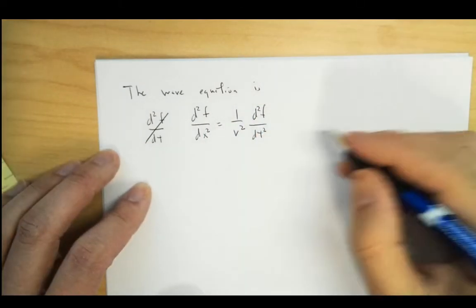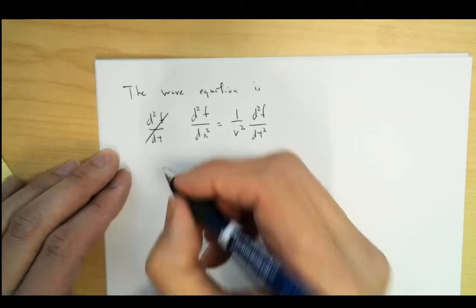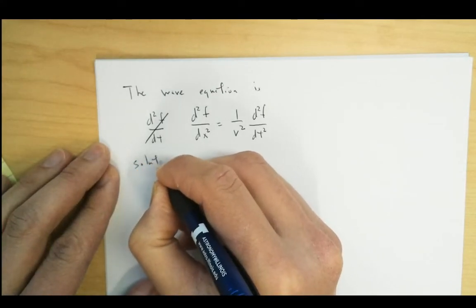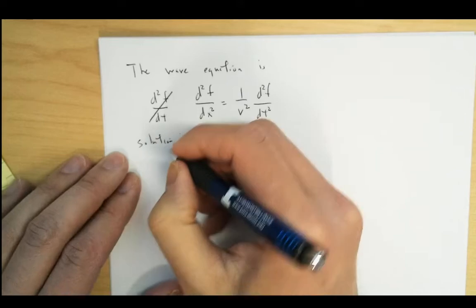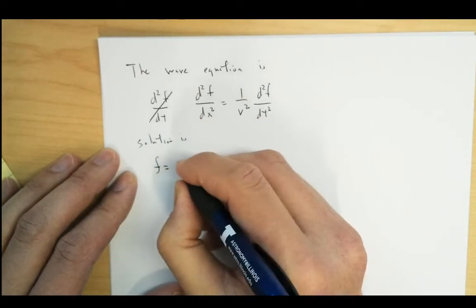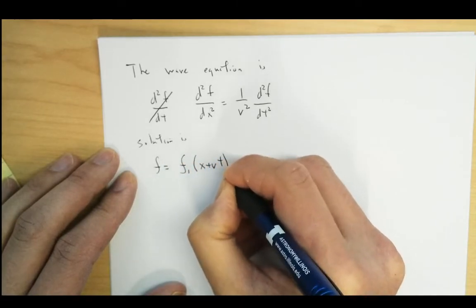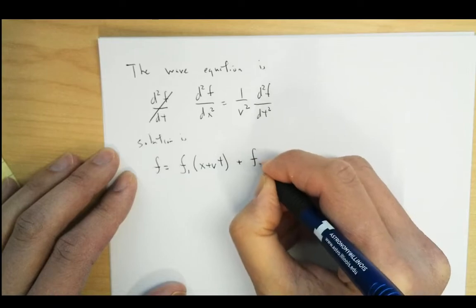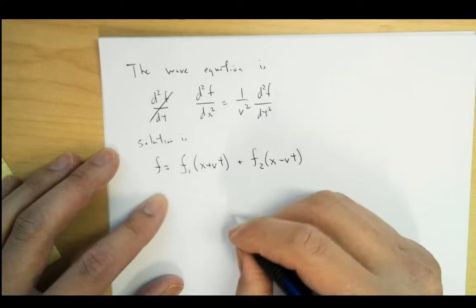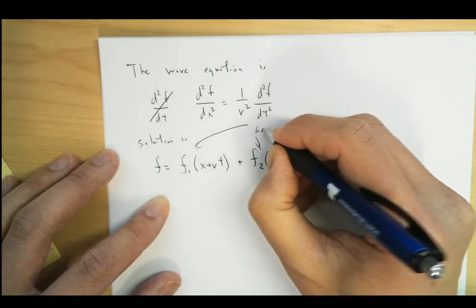That's the wave equation. Any equation that looks like this has the solution f equal to some function f1 of x plus vt, plus some function f2 of x minus vt. That's it, where these are just arbitrary functions.